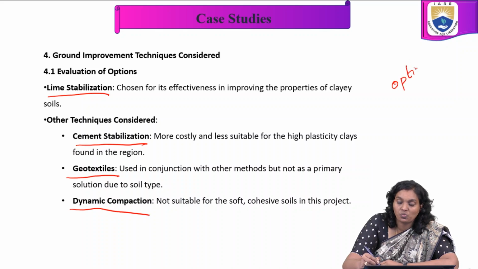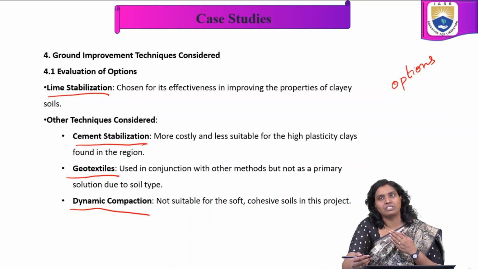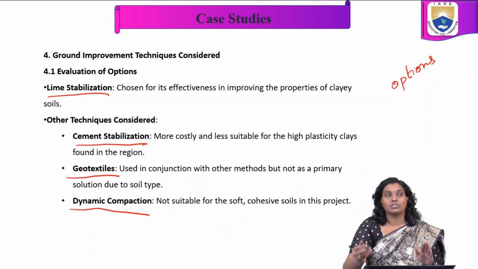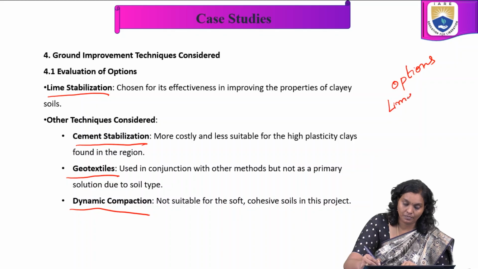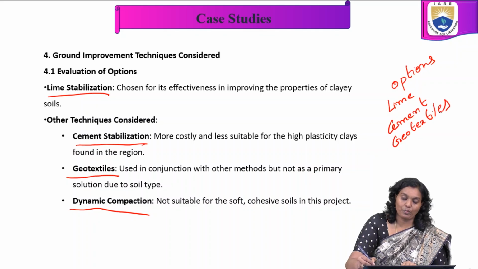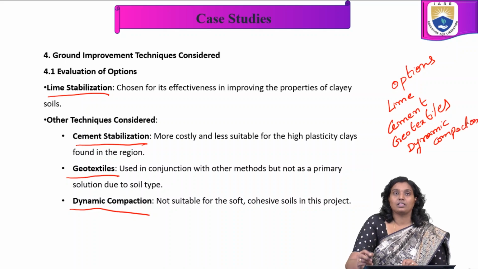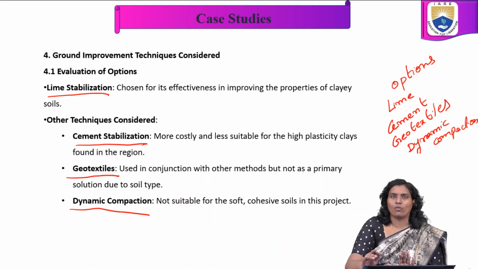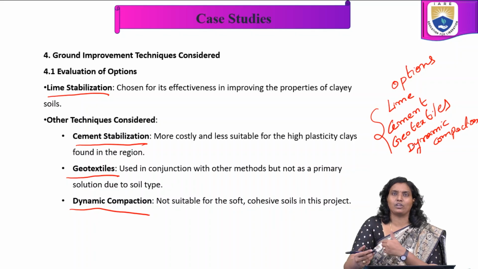We have to choose one for this kind of scenario, which we have as a case study. These are the options we have, and according to these options, we have to choose one as per the assessment.